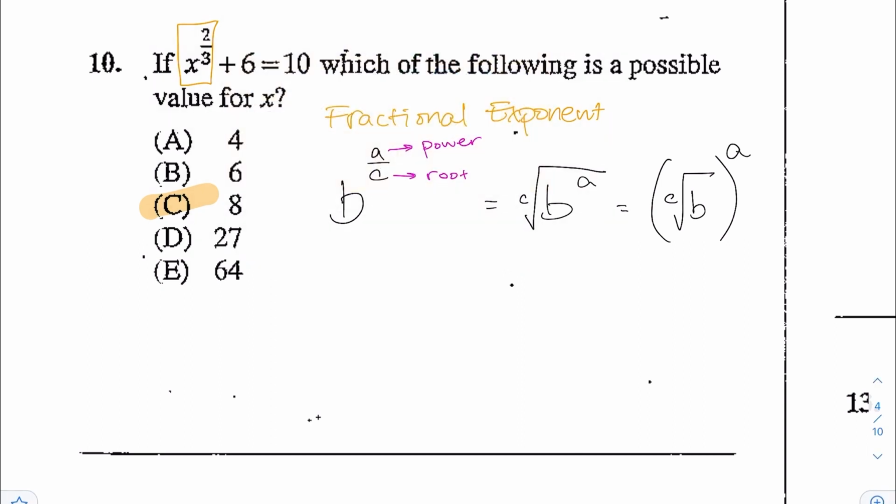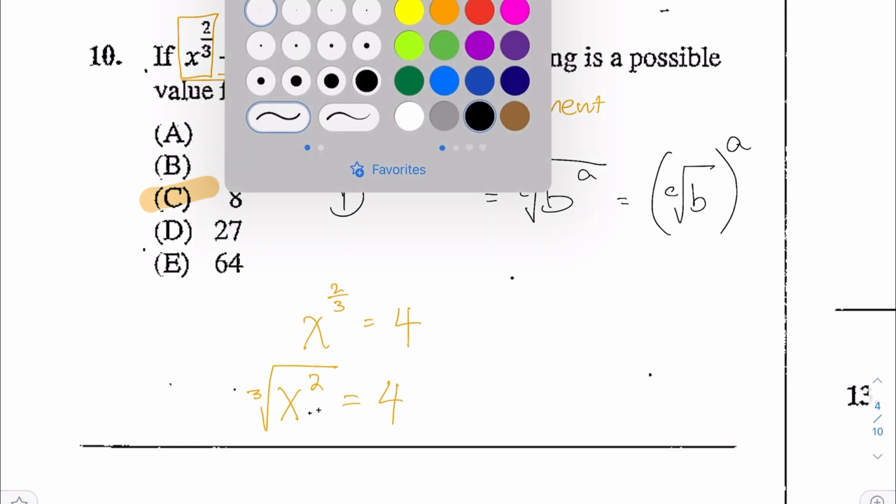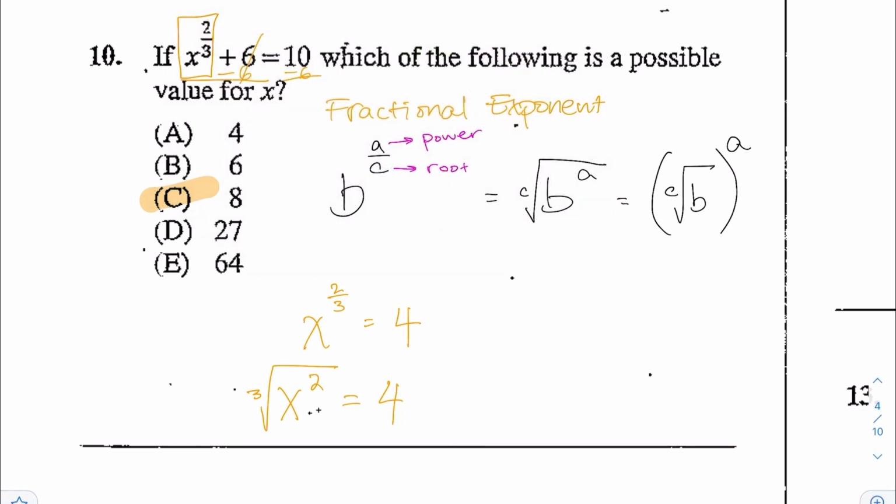So the first thing you want to do here is to subtract 6. So you want to isolate the x. When you do that, you'll have x raised to the 2/3 power is equal to 4, because 10 minus 6 is 4. And I can rewrite 2/3 as x raised to the 2nd power, and then the cube root. All right, then from here you can use inverse operations on both sides.